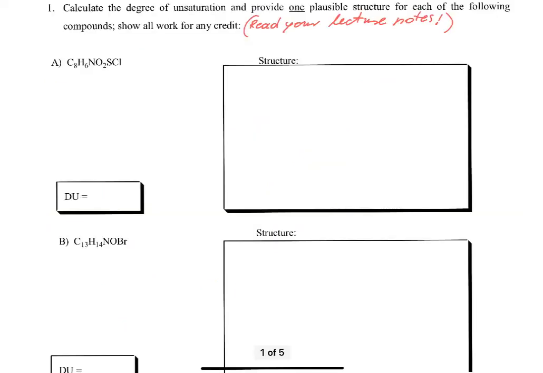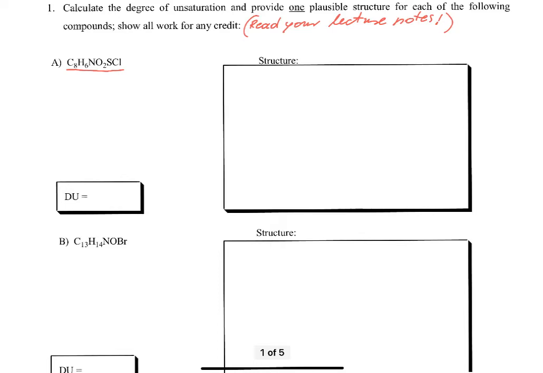Let's go ahead and try to predict the number of degrees of unsaturation given some chemical formulas, and then let's go ahead and draw a plausible structure for each, which is part of structure determination. How do we do it? We want to take our formula and reduce it so that it doesn't contain any heteroatoms.